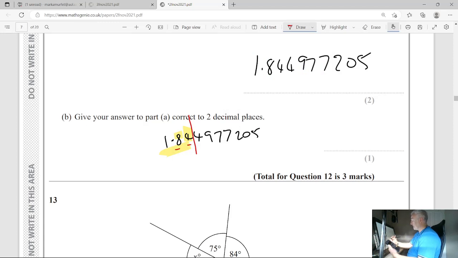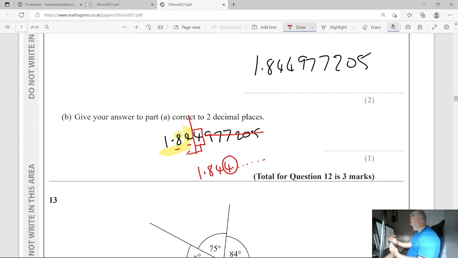First place, second place. The 4 is the digit I'm interested in. I'm not interested in any of the rest. When writing this, I need to show the digit after the one that we've rounded, so you get that rounding mark.